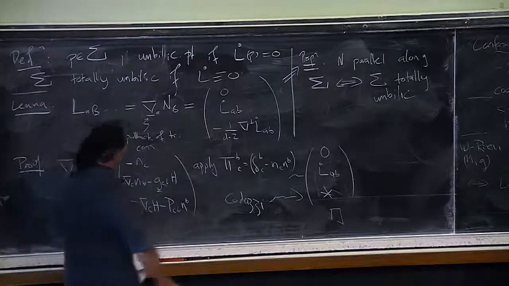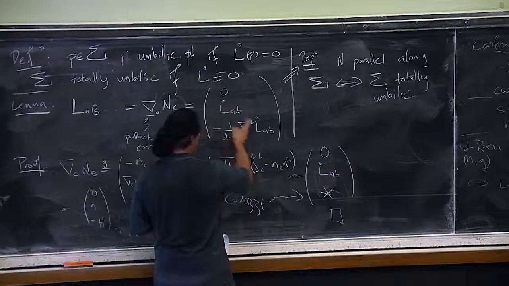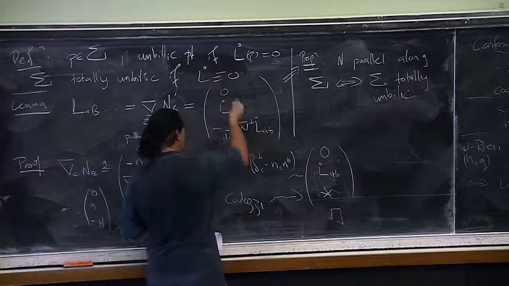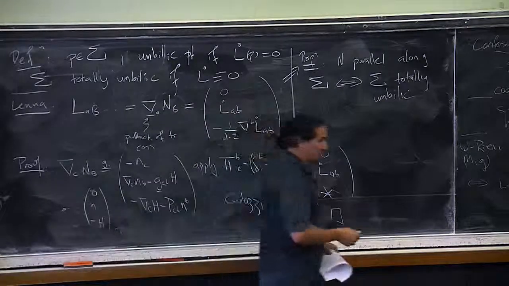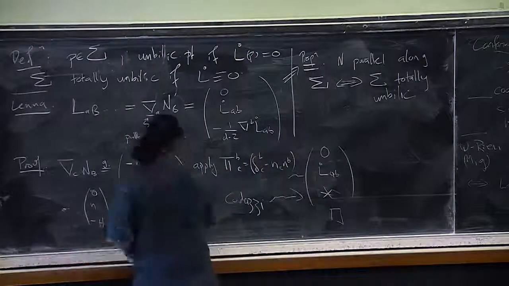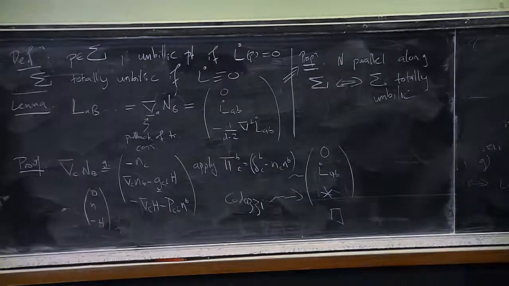Because if it's totally umbilic, the trace-free second fundamental form vanishes and both things vanish. On the other hand, if this thing's parallel, then this thing has to vanish, so the trace-free second fundamental form has to vanish. So there's a very nice interpretation for the normal tractor being parallel along the hypersurface.